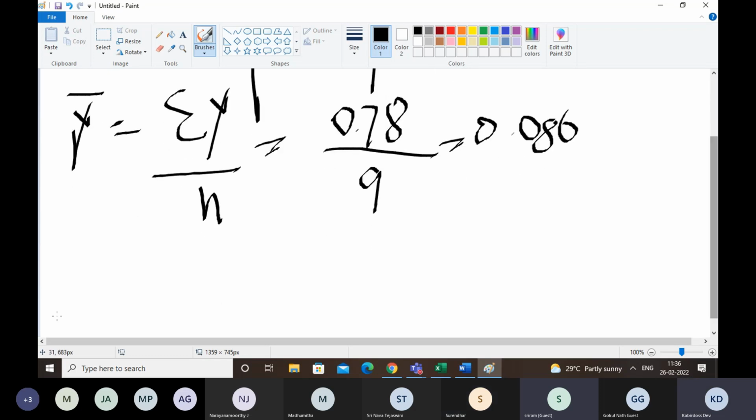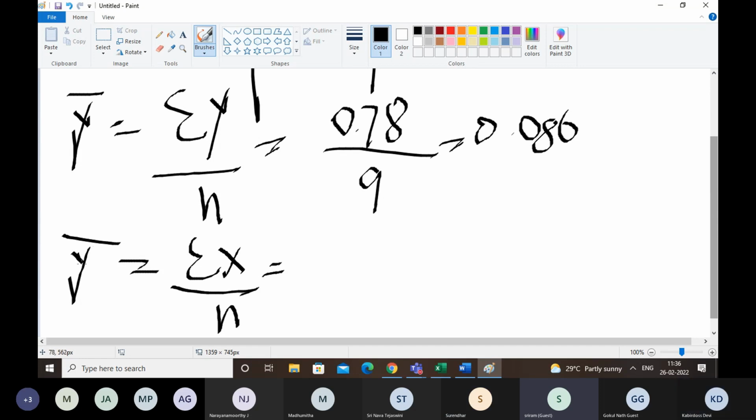Then similarly find x bar. X bar is equal to summation of x divided by n. This is the average. Summation of x is minus 7.08, correct?